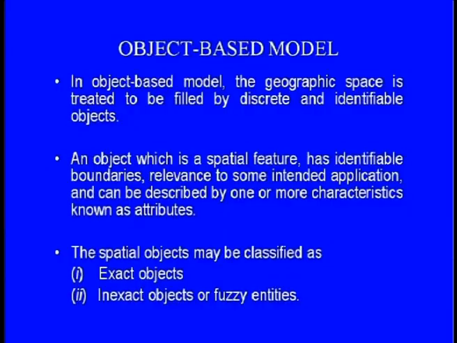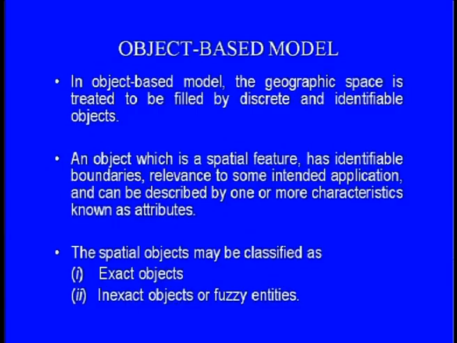In object based models, the geographic space is treated to be filled by discrete and identifiable objects. An object which has a spatial feature has identifiable boundaries, relevance to some intended application, and can be described by one or more characteristics known as attributes.